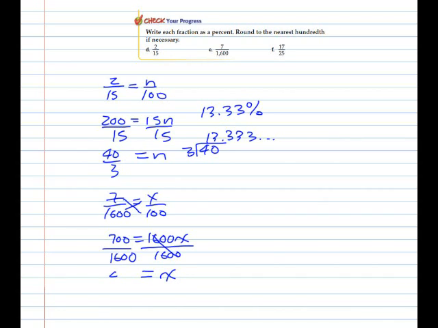Simplify 700 over 1,600, which gives me 1,600 into 700. If I divide that out, gives me 0.437, which rounded to the nearest hundredth is about 44%.